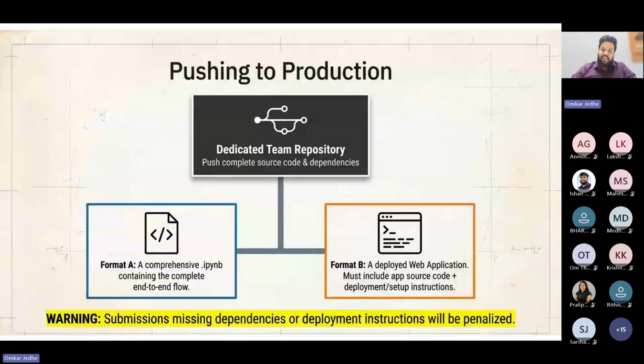One could be directly pushing a PYNB file with the end-to-end flow, or second is a deployed web application, which must include the app source code and the deployment setup instructions. But if you need high computing power to deploy it, and that is not available to you, feel free to push your code and everything so that we can run and check, which is of course needed because code quality is one of our measuring criteria.